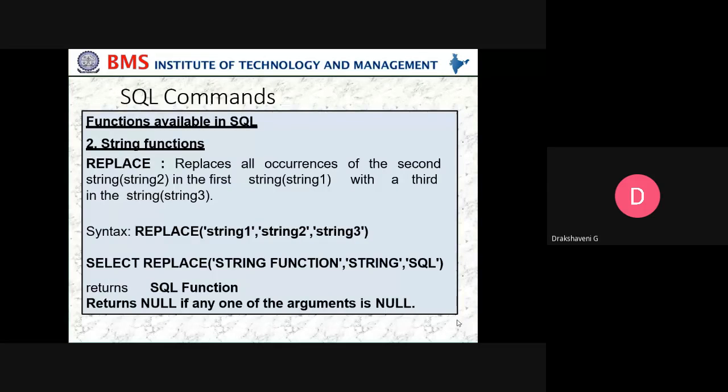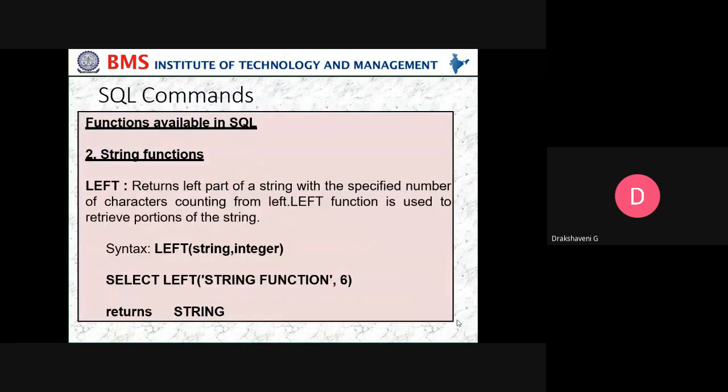Then the string function replace replaces all occurrences of the second string, that is string 2, in string 1 with the third string. So I want to replace string 2 in string 1 with string 3. I can use the function called replace. Then we want to return only the left part of the string.